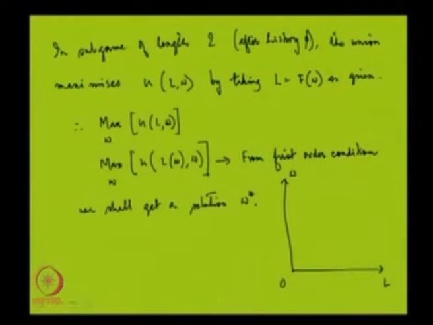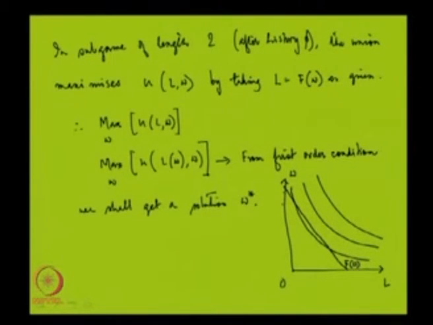So, we had different indifference curves for the union, downward sloping convex indifference curves, and we also had this relationship which is known as the F as a function of W. So, what is the W in terms of this diagram, which is W star, which is the optimal for the union?